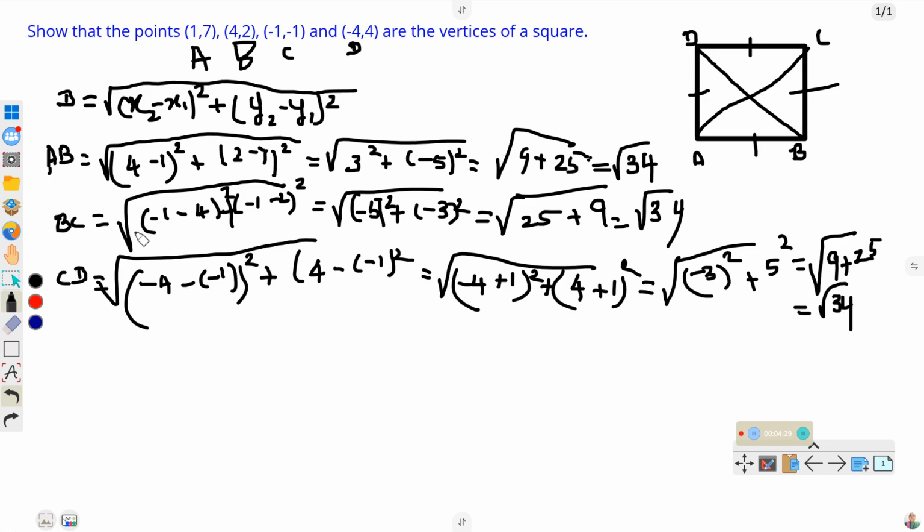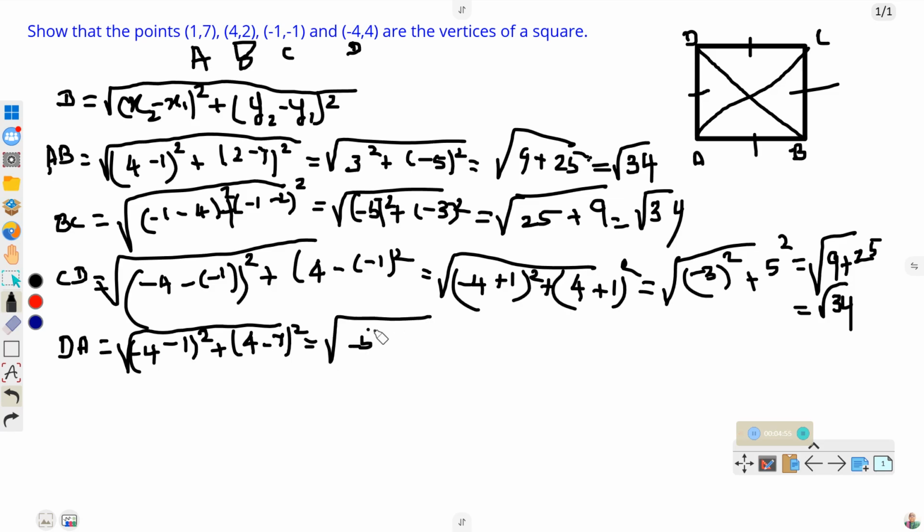Next we are going to find out DA, right? The distance between point D and A. Here D is x1 y1, A is x2 y2. So x2 minus x1 whole square plus y2 minus y1 whole square.